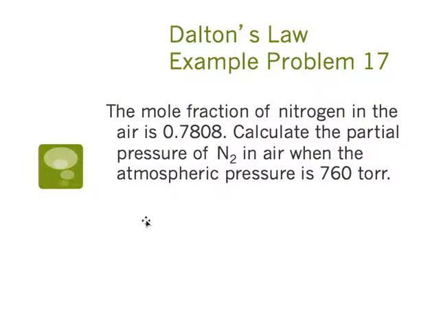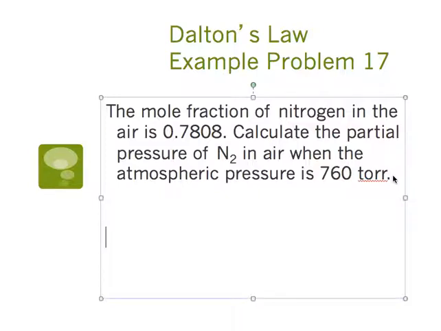All right, another one, again, along the same lines. The mole fraction of nitrogen in the air is 0.7808, or about 78% of the moles in the atmosphere belong to nitrogen. Calculate the partial pressure of nitrogen in the air when the atmospheric pressure is 760.